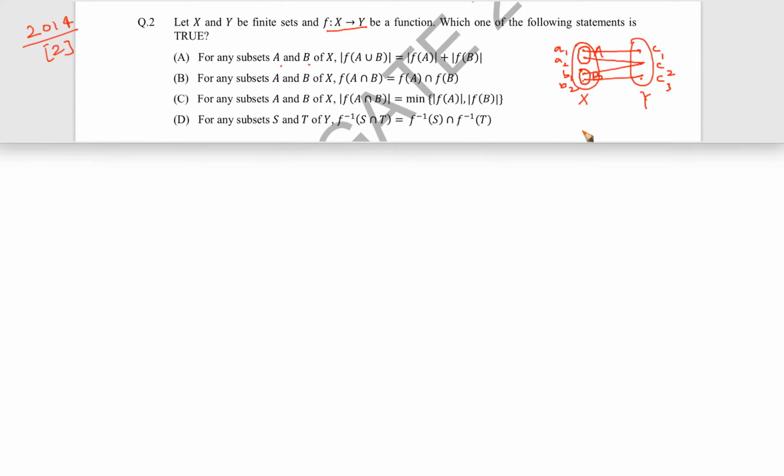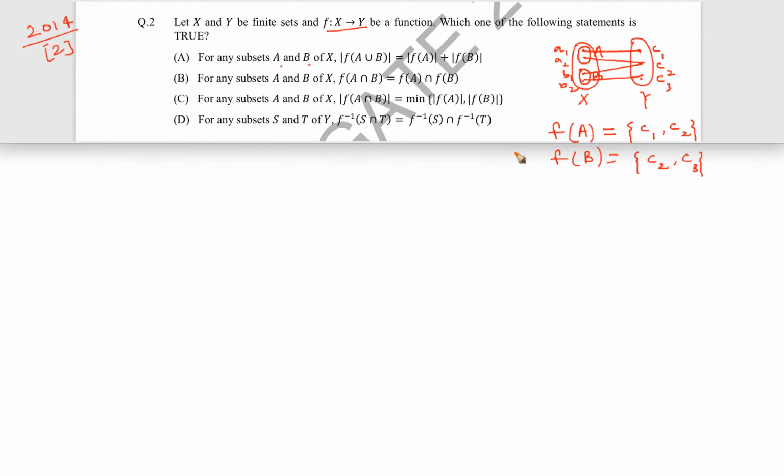Now in this setting, what is the value of f(A)? When the function is applied on A, it gives the values in Y which are c1 and c2. Similarly, f(B) gives c2 and c3. Okay, so f(A) and f(B) we have found out.